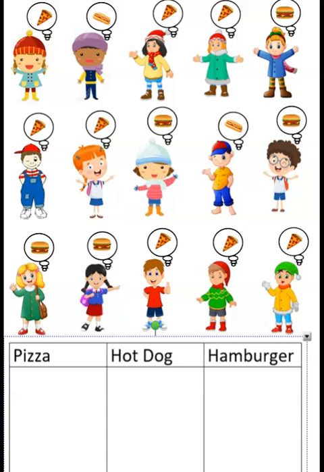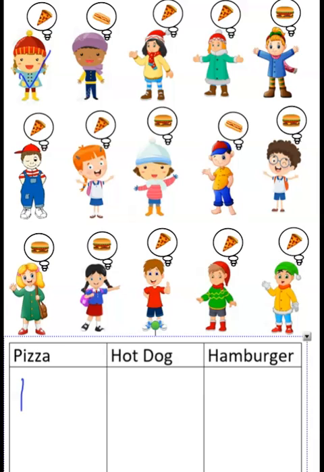So I know that this little girl likes pizza. So that's like 1 vote, right? She's a vote for pizza. So I'm going to put a tally mark here. So that represents 1 pizza. Okay, and so I've gotten her. I'm just going to put a little check mark there because I know I've already counted her. I don't want to count her again.